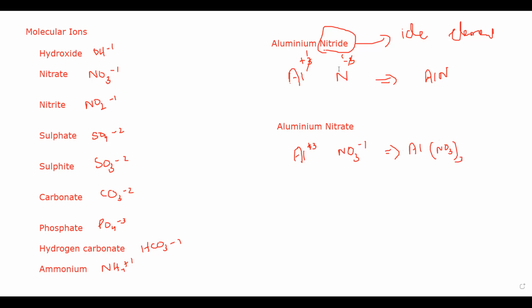So what is the difference between them? Aluminum nitride, IDE, means the element nitrogen. But if it is nitrate, it means that the element nitrogen is with oxygen. Because sometimes students, when it is written aluminum nitride, they just write NO2.